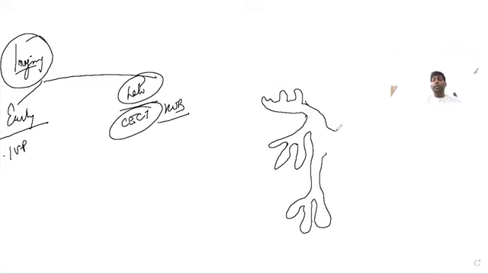Now let us assume that the lower pole calyces have been infected with tuberculosis. The first thing that occurs is because of the inflammation, these calyces will become ill-defined. This leads to the appearance called fuzzy calyx. So the earliest change is fuzzy calyx.